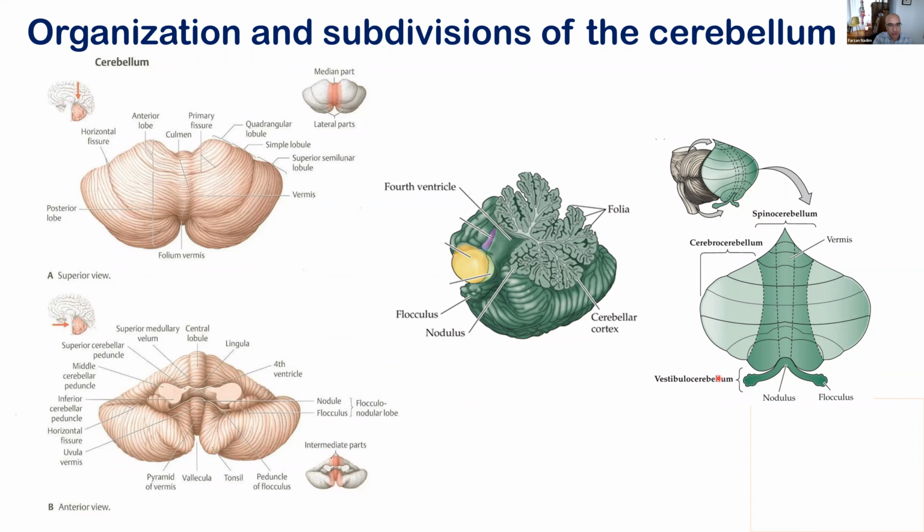The lateral parts, which in primates, including humans, are the biggest parts of the cerebellum, are called the cerebrocerebellum. These are the big lobes on the side. You can see it's big on this side and big on this side. These are the parts of the cerebellum that communicate with the cerebrum, especially with the cerebral cortex, but you'll see they also communicate with the superior colliculus.